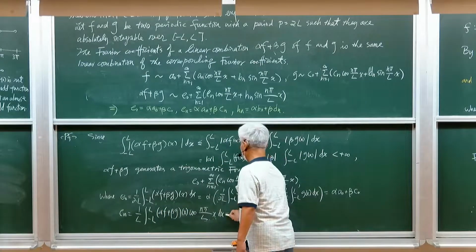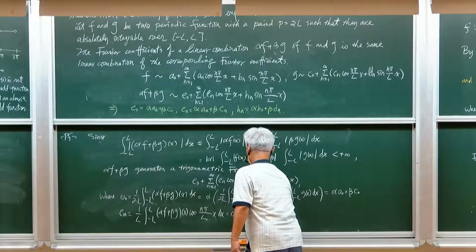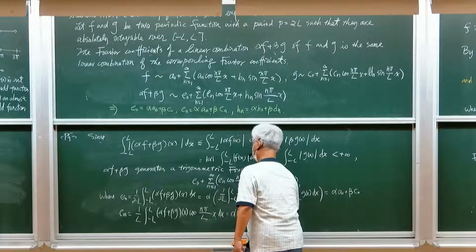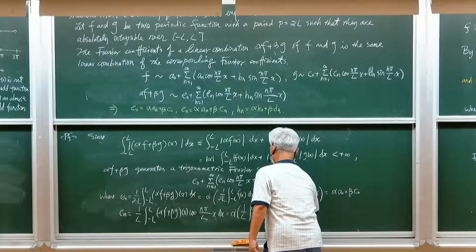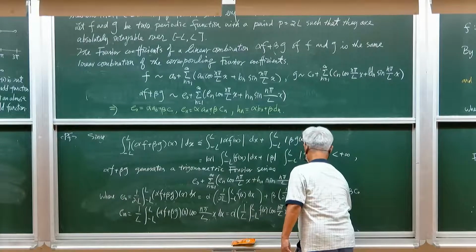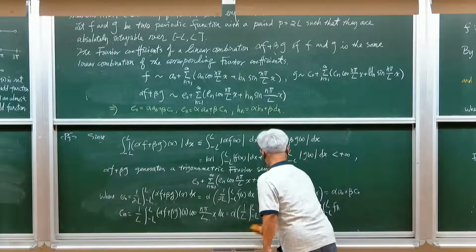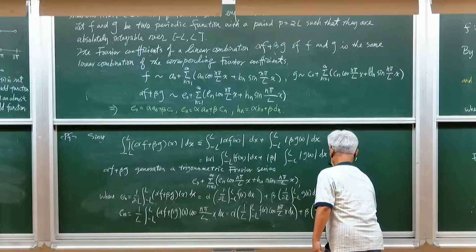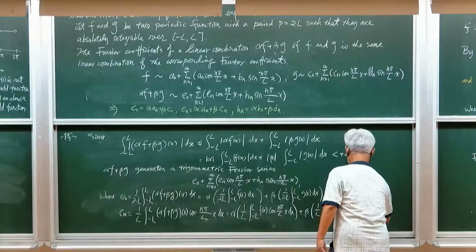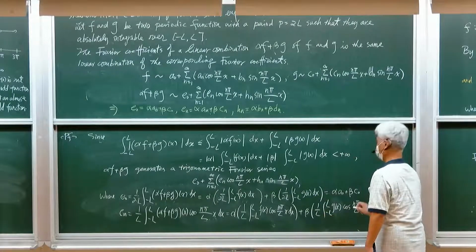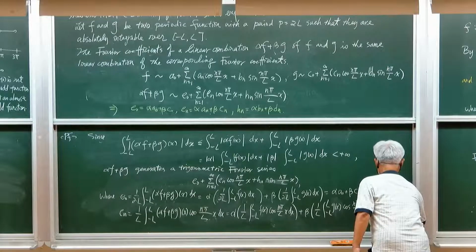And again, by bilinearity of the definite integral, this is alpha 1 over L integral of f of x cosine n pi over L x dx plus beta 1 over L integral of g of x cosine n pi over L x dx. So this is alpha An plus beta Cn.